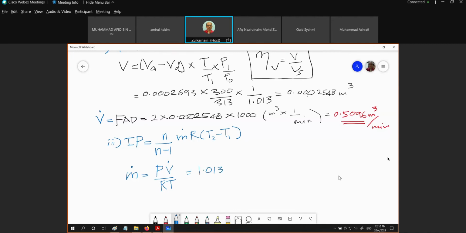So what is our free air condition? 1.013 bar. So how to convert bar to kPa? Times 100.